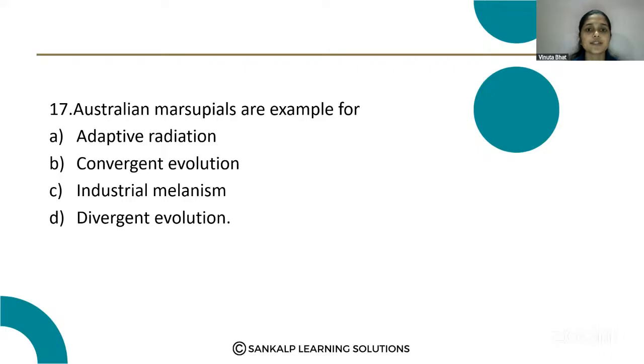Next question. Australian marsupials are an example of adaptive radiation, convergent evolution, industrial melanism, or divergent evolution.